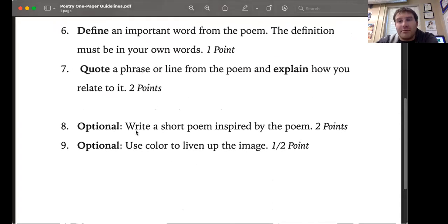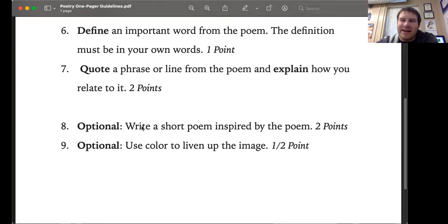There are two optional ones. If you do the optional ones, they are additional points that will be added to your total. So these are additional points that will only help you. If you write a poem and it's not a really good poem, that's fine. You'll get points. I won't guarantee you get all 2 points, but you'll at least get some additional points. Because I've had people write, "Roses are red, violets are blue, I like this poem."